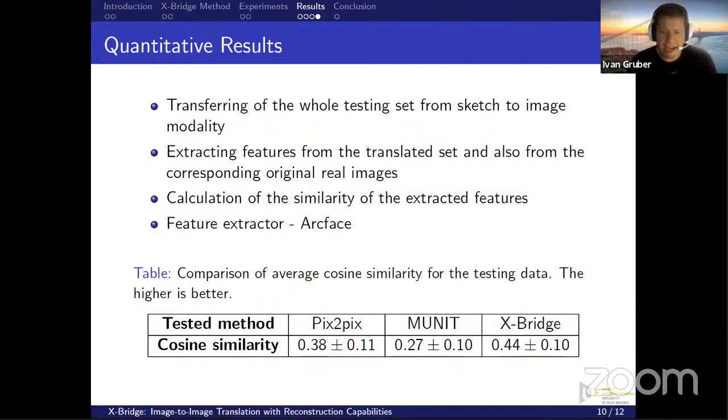In the ideal case, the images should be totally the same, and we should get results equal to 1. However, as you can see in the table at the bottom, we are not there yet. But our method XBridge outperformed the other tested methods. It should be noted that as a feature extractor, we utilized a pre-trained ArcFace model.